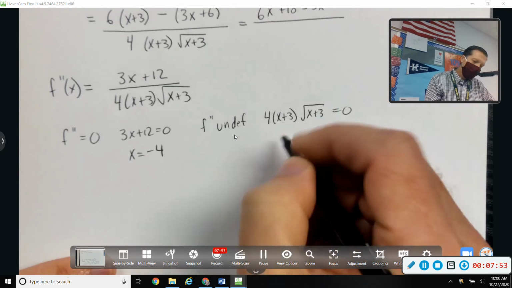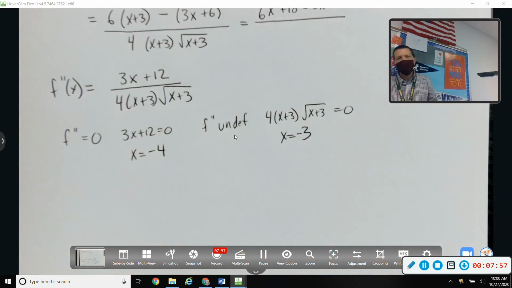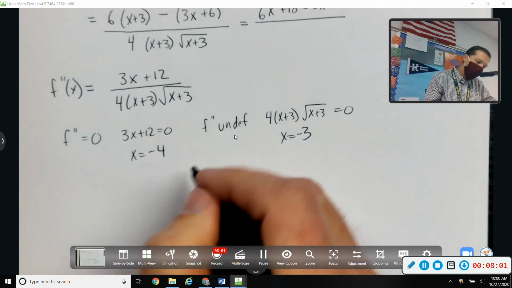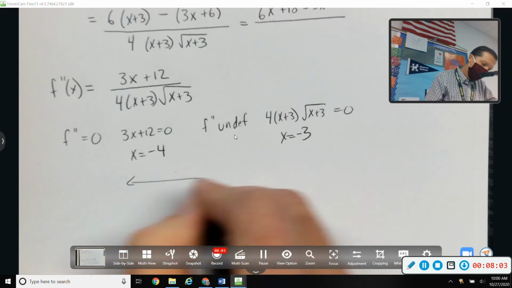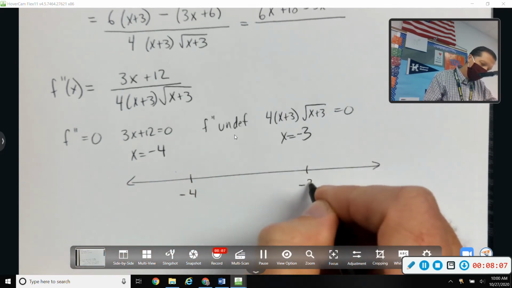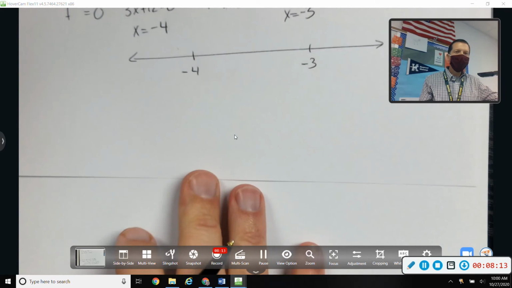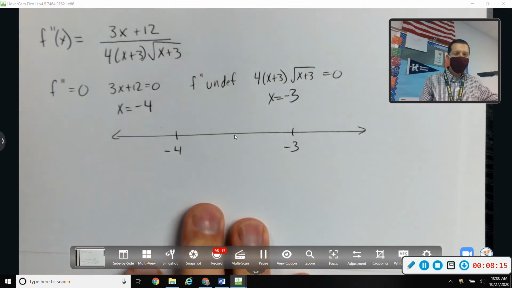Well, that looks kind of weird, but looking at it, x equals negative 3 would be a problem. So I've got two values, negative 4, negative 3, which means I'm going to have to test negative 3.5 to just further complicate this problem.